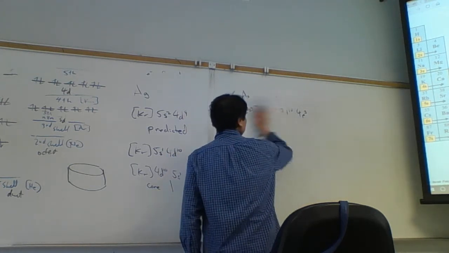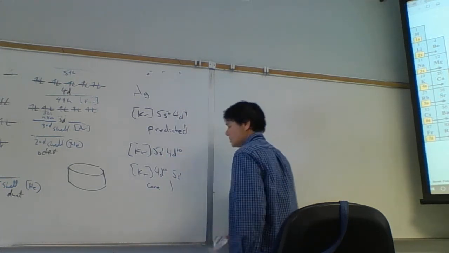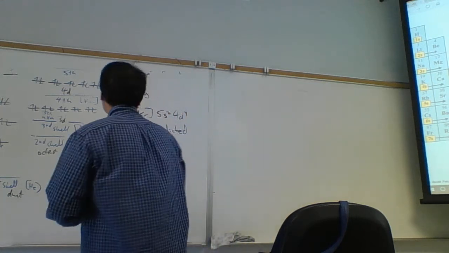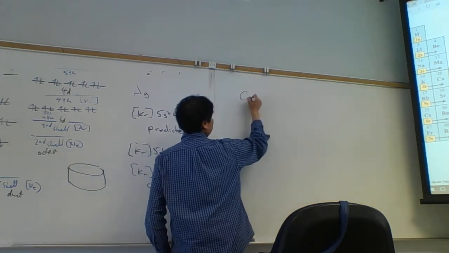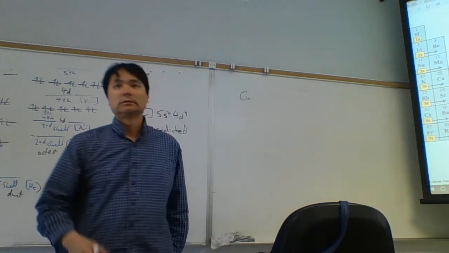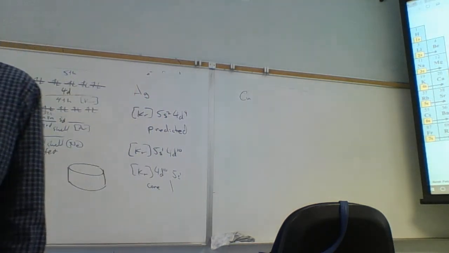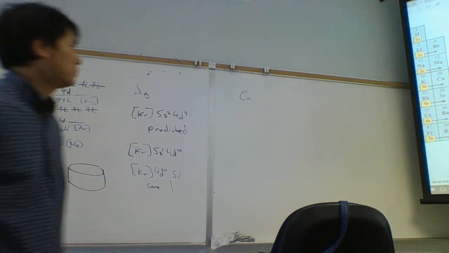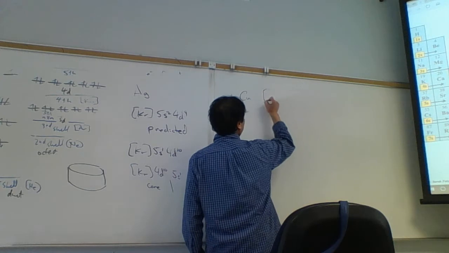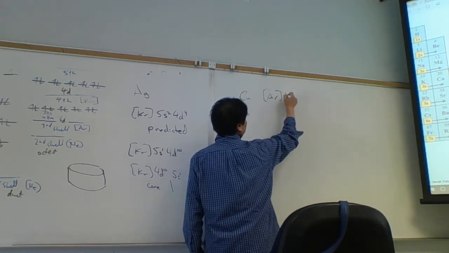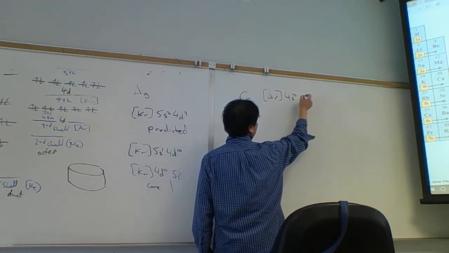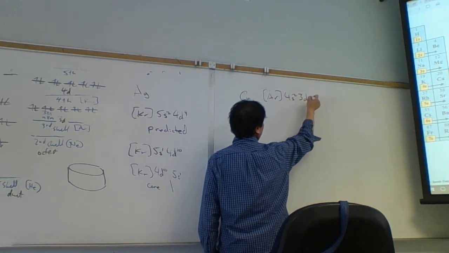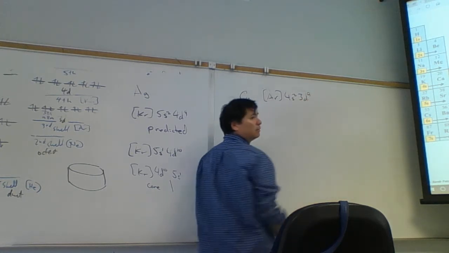Copper does exactly the same thing. What do we predict the electron configuration for copper to be? Copper is going to be Ar 4s2 3d9.